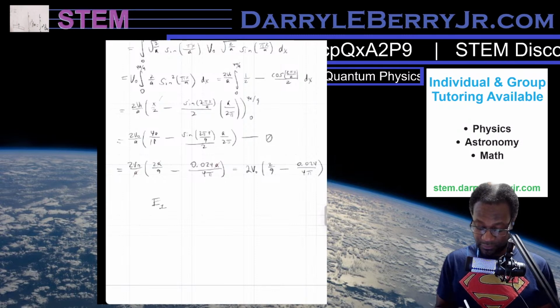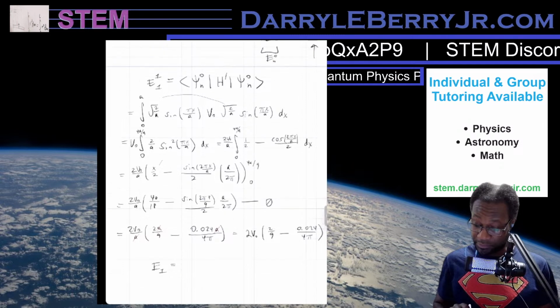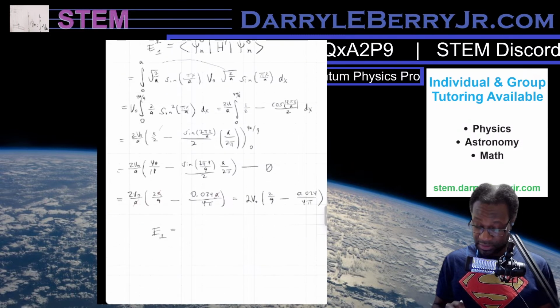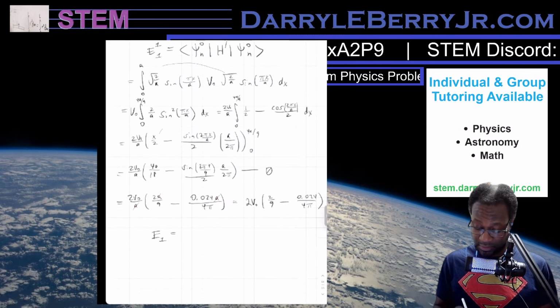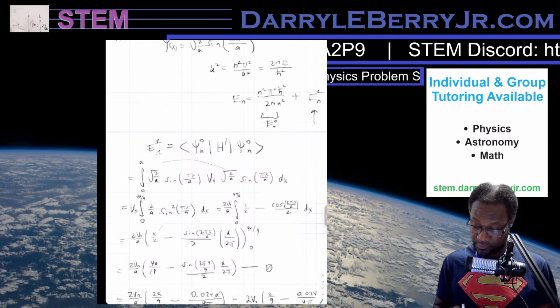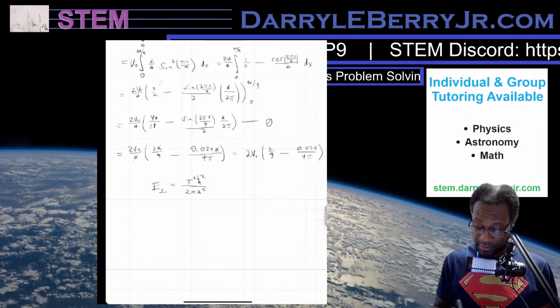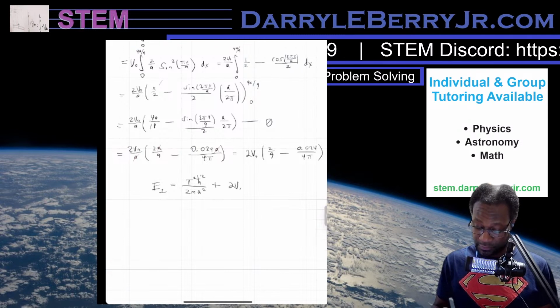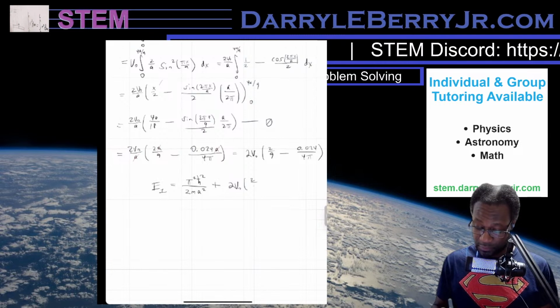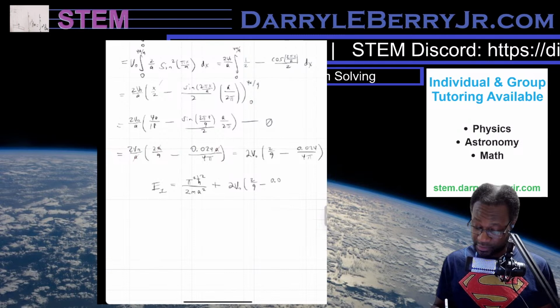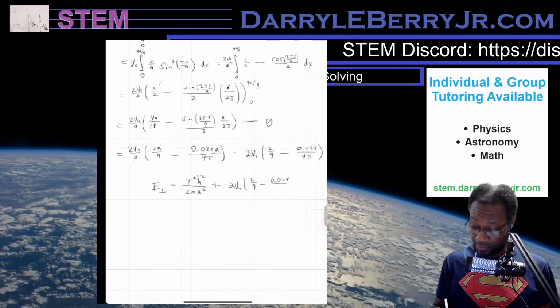So E1 total would be, and since we chose n equals 1, pi squared h bar squared over 2m a squared plus 2 V naught times 2 over 9 minus 0.024 over 4 pi.